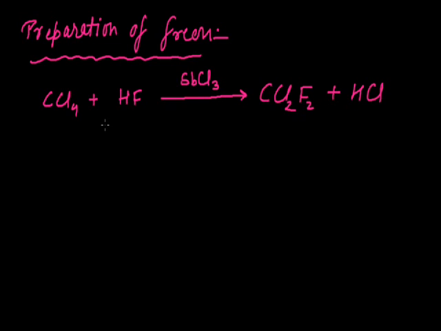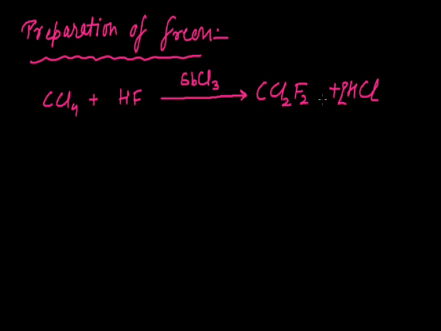Now we can balance the equation. Here 4 atoms of chlorine are present, so we can write 2 in front of HCl, and here 2 plus 2, 4 chlorine atoms are present.